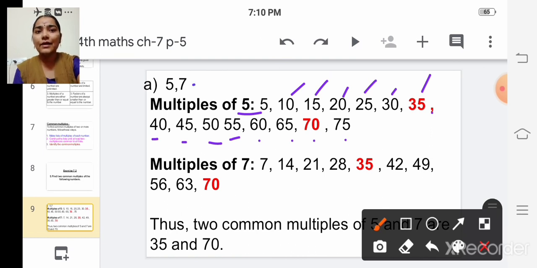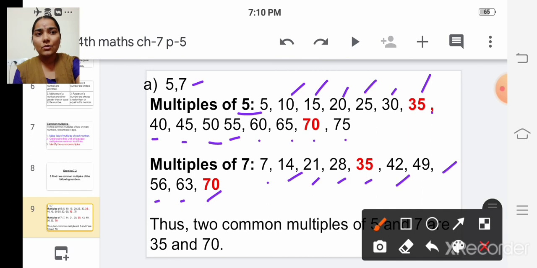So now we'll find out the multiples of 7. So 7, 14, 21. 21 plus 7 is 28, plus 7, 35, plus 7, 42, plus 7, 49, plus 7, 56, plus 7, 63, plus 7, 70. So now we'll identify the common multiples of 5 and 7.